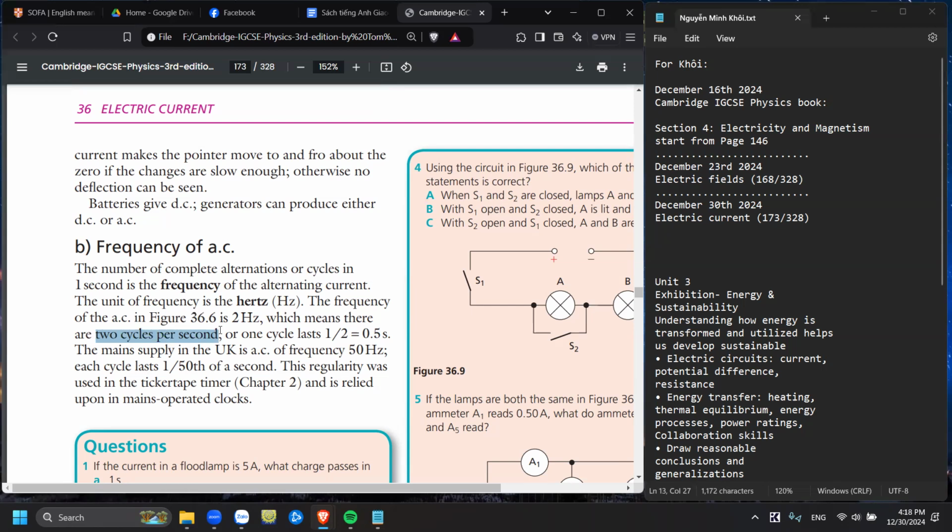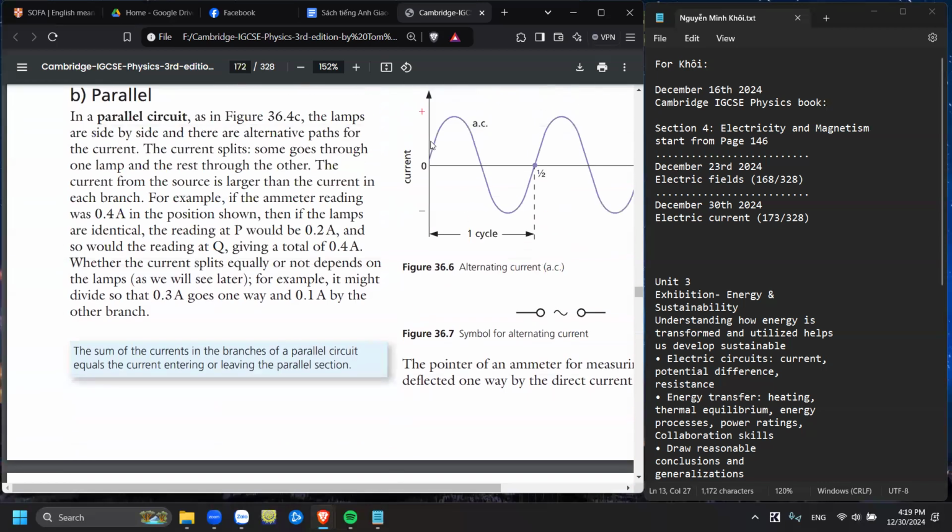Revolve means it swings around, rotates. Anyway, basically, frequency here is 2 hertz, which means two cycles per second, or one cycle lasts half a second. You can see here, one cycle is only half a second.